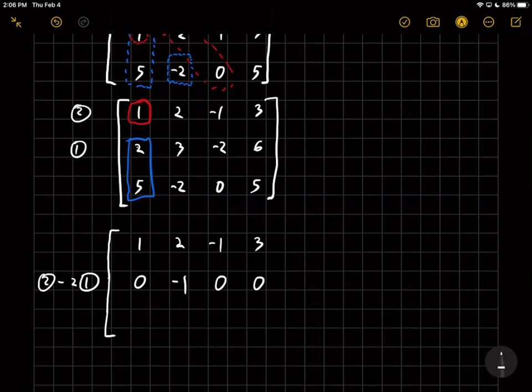Now, in order to get a 0 for row 3, I'll take row 3 and subtract 5 row 1s from it. 5 of those will give me a 0 here, as I intended. Then in the y column, we have -2 minus 10, so that's a -12.